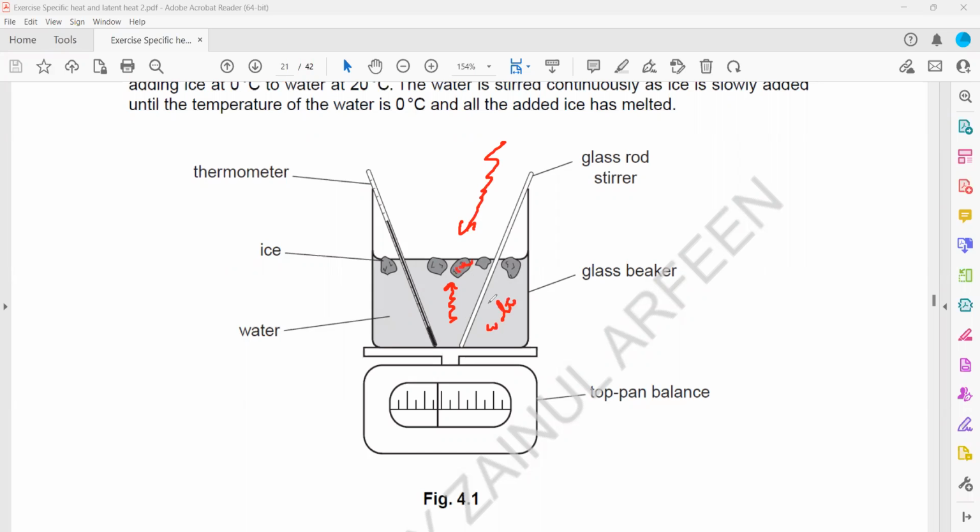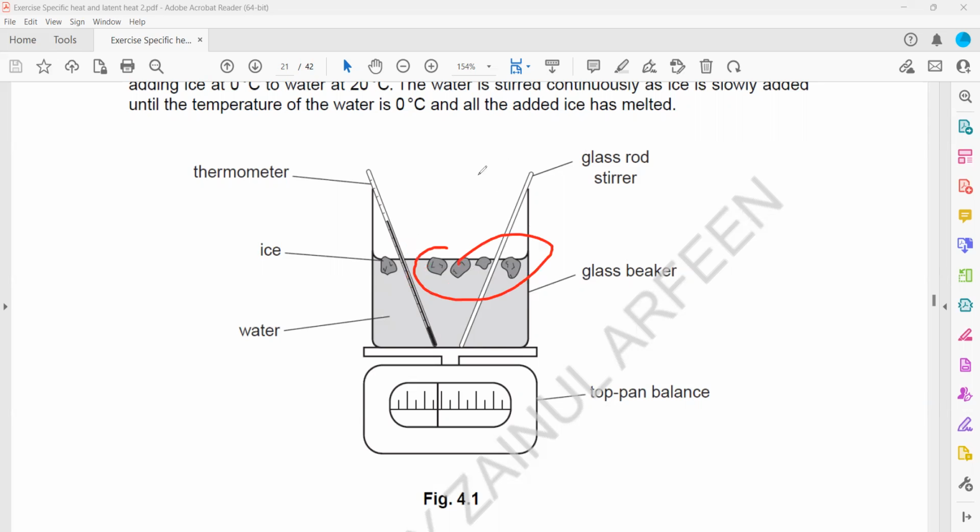So all the energy from the water transfers to the ice. But in practice, what might happen? The ice may absorb heat energy from the surroundings. Another thing, the water might lose energy to the surroundings as well. Or you can also say the water might gain energy from the surroundings. That will also lead to an error.